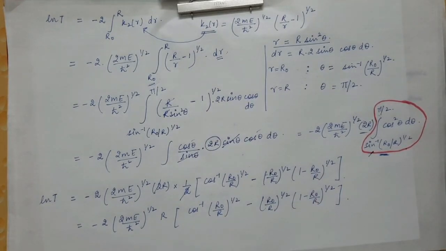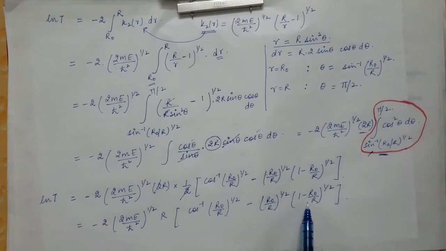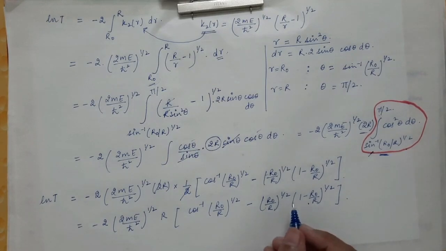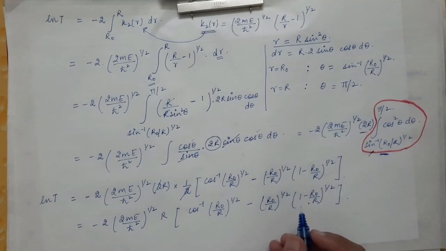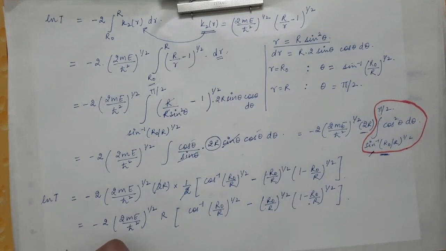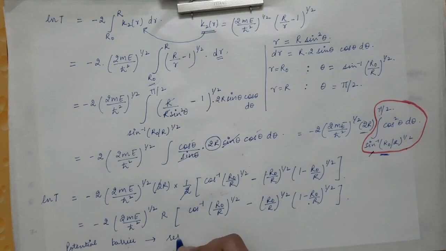Now we are considering that in the case of alpha particle, the potential barrier is relatively wide.